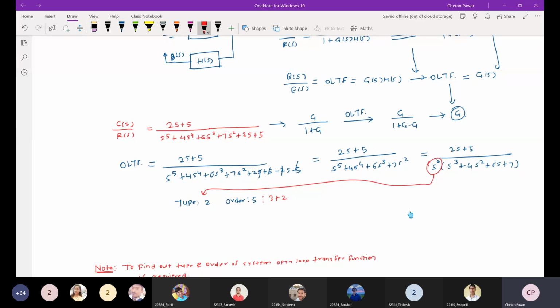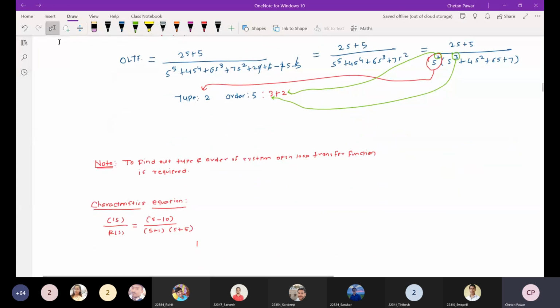Okay, so here what note you can mention? To find out the type and order of the system, open loop transfer function is required. Okay, so this is important concept.